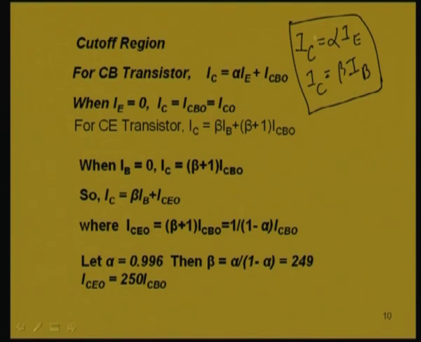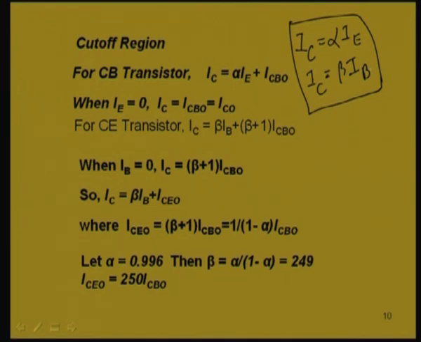Now, one important aspect that we can infer from these two equations is that the collector current, which is the output current, is affected by the input current. In the common base transistor it is IE that is the input current, and in common emitter transistor it is IB.